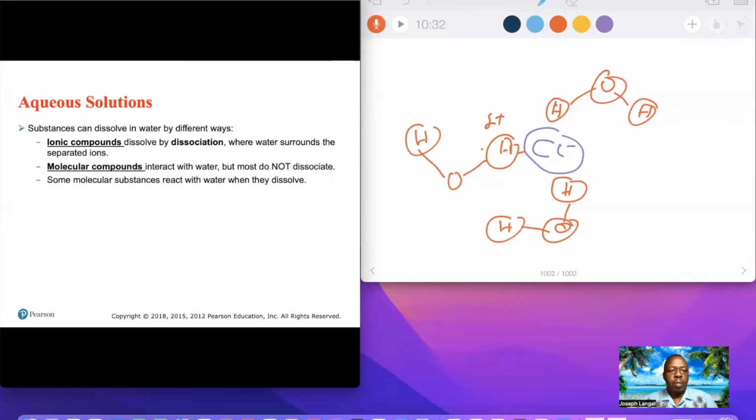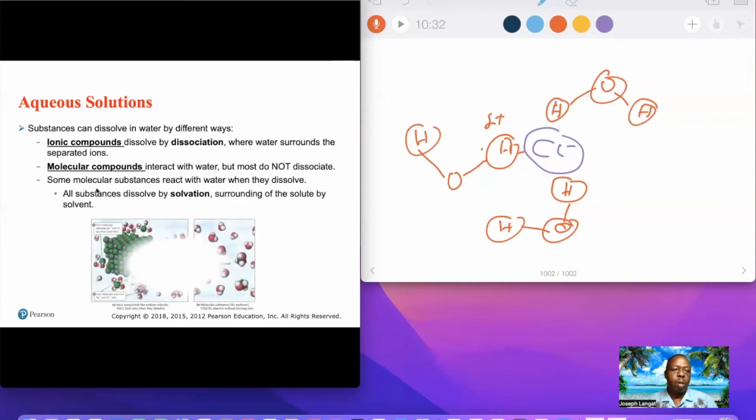Some molecular substances react with water when they dissolve. For example, acids like HCl will dissociate into hydrogen ion and chloride ion. Therefore, take into account, we will look at it later, that some molecular compounds also dissociate to give ions.